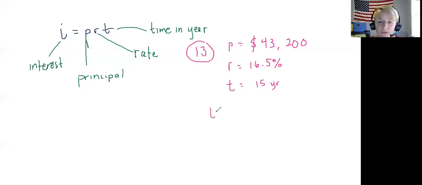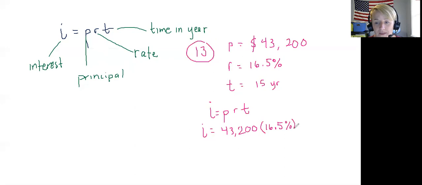So I'm going to use our interest formula, I equals PRT. I'm solving for I, so I don't have anything to substitute in for I. I want to find out what I is going to equal. P is 43,200. I'm going to multiply that by the rate, which is 16.5%.